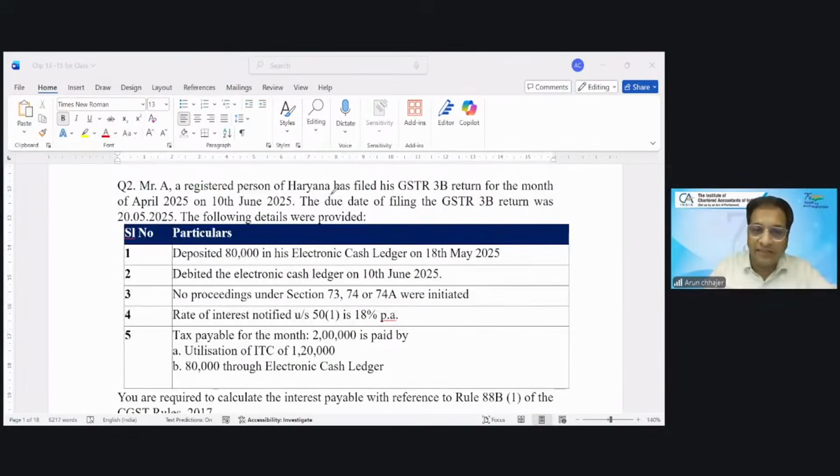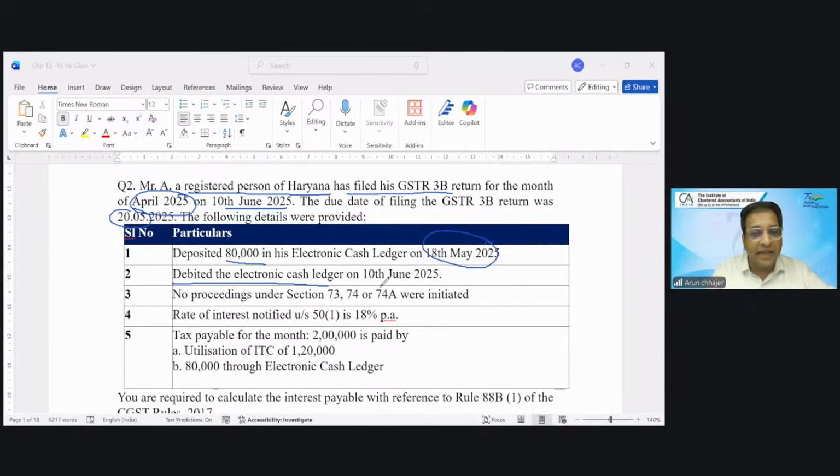A registered person of Haryana has filed the GSTR 3B for the month of April 2025 on 10th June 2025. Due date was 20th May. He has deposited the amount in the cash ledger on 18th May.